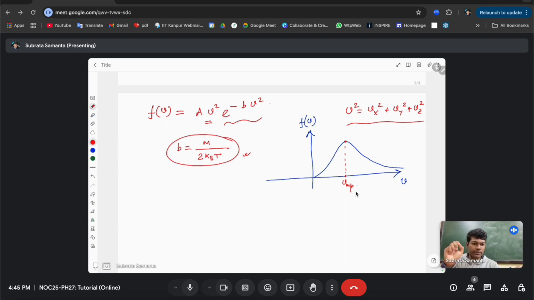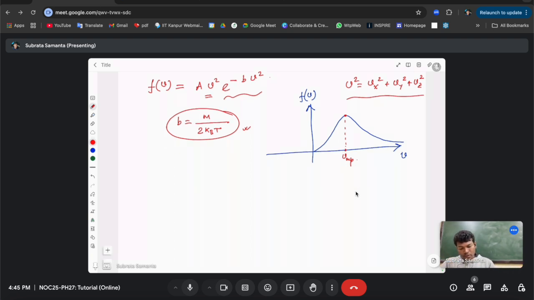Now how to compute this? This is an extremum. I know this is a maximum, but the condition of an extremum is df of v over dv equals 0. This is true for minima as well as maxima. So this is 0 at v equals v_mp.